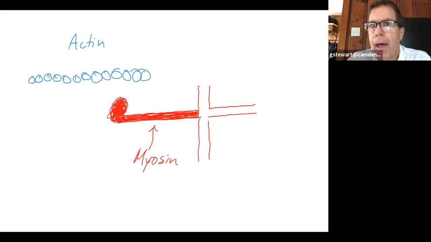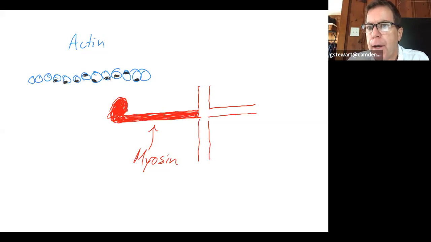There is active sites on actin that the myosin head can attach to. They're not all on the exact same side. They kind of roll around. Those are active sites that this myosin head here can reach up and grab the actin molecule.